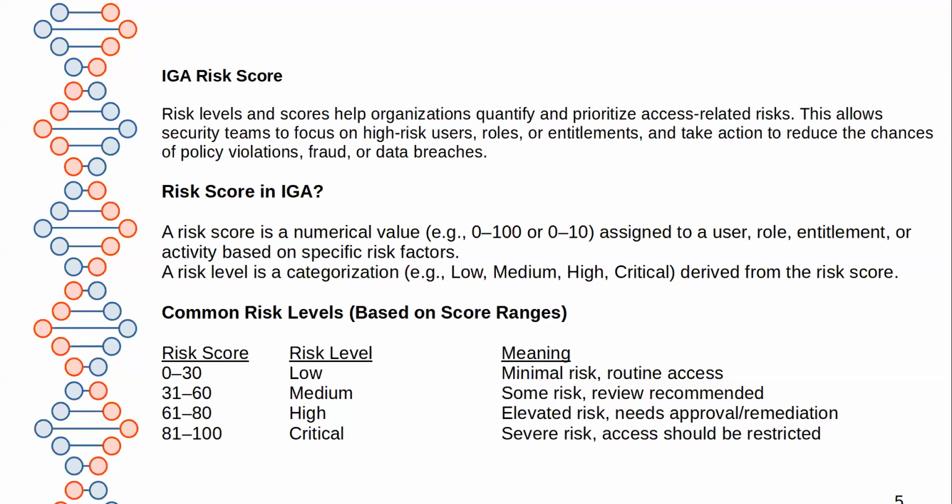Yes. One thing I want to know is whether the SODs are related to the risk score. Like if the risk score is 81 to 100, then will SOD be segregated according to that risk score? You can always club the risk score along with the SODs.